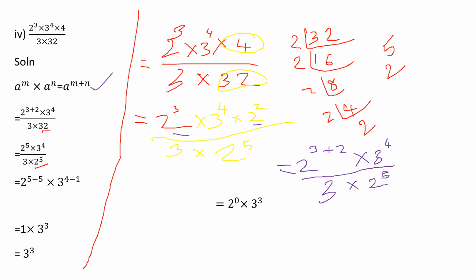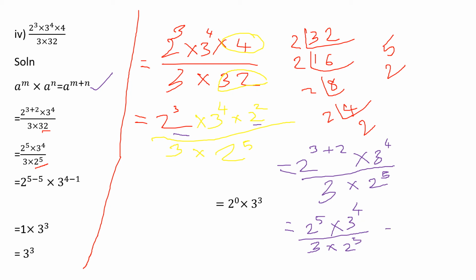Okay. So 3 plus 2, 5, right? 2 power 5 into 3 power 4 divided by 3 into 2 power 5.